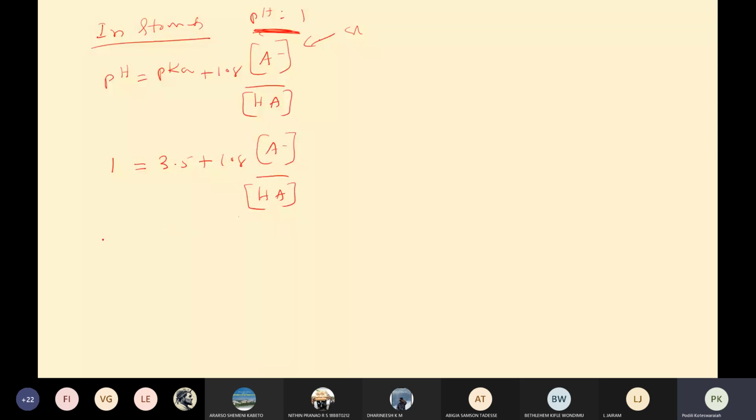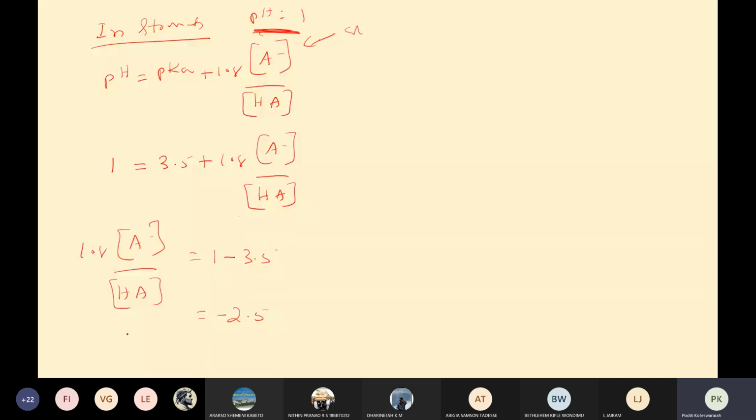So log [A-]/[HA] is equal to 1 minus 3.5, that is equal to minus 2.5.